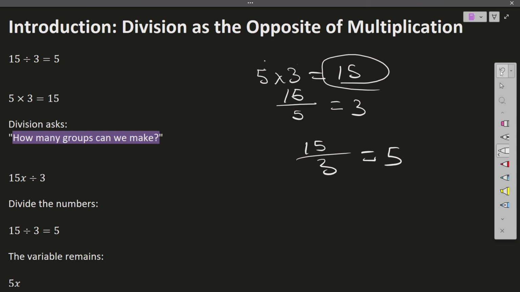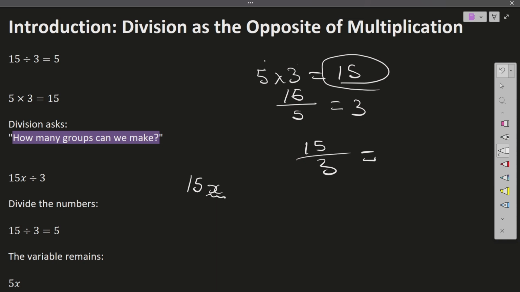And so in today's video, we will be mostly focusing on how division works in algebraic expressions. And so let's say we had 15 of these apples again. So like we discussed in our previous videos, if we are talking about an apple, we are going to be using the letter x.